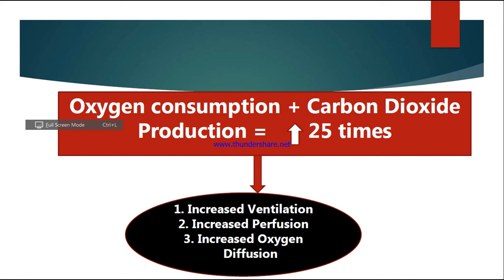There will be increased diffusion across the membrane between the alveoli and the blood vessels, across the membrane between the blood vessels, interstitial tissue and the organ. So across every step where diffusion of oxygen occurs, the rate of this diffusion will be increased.